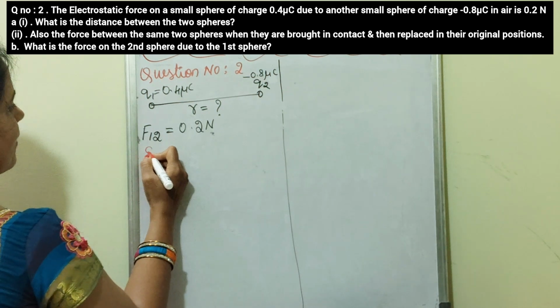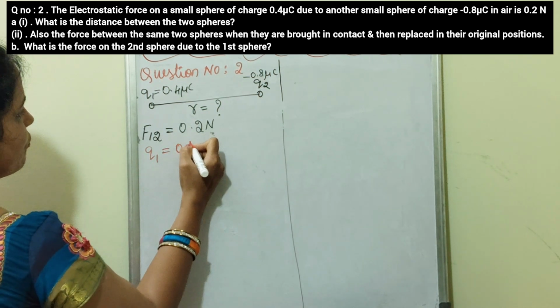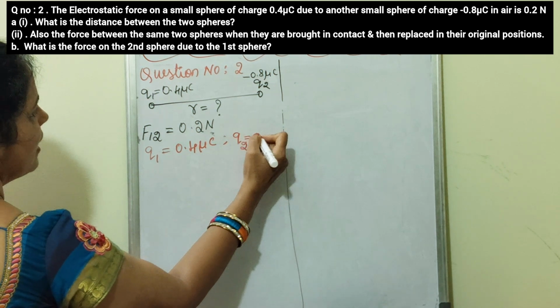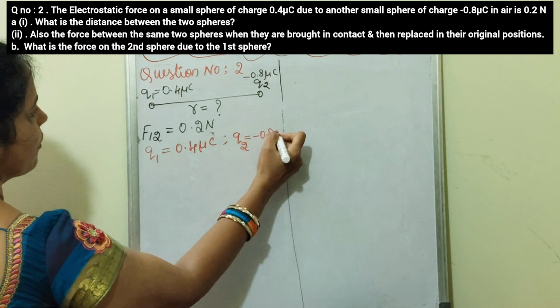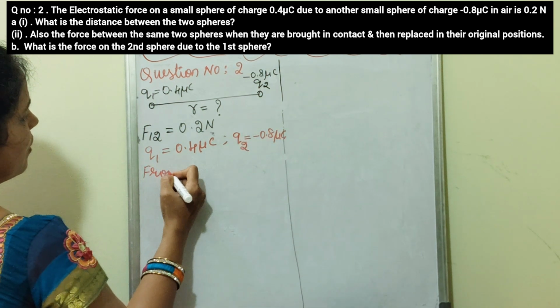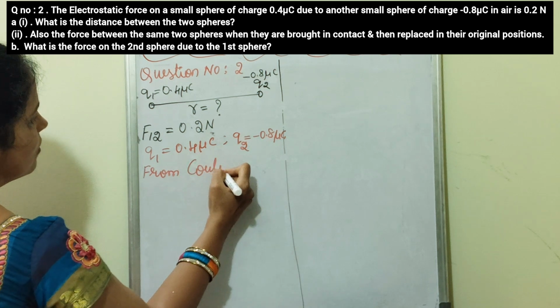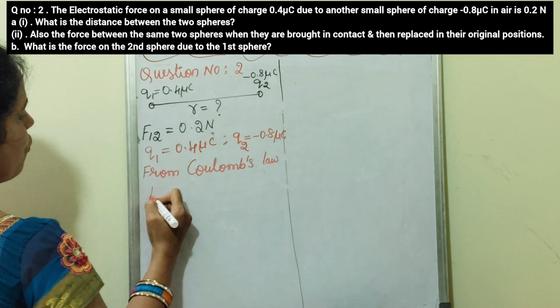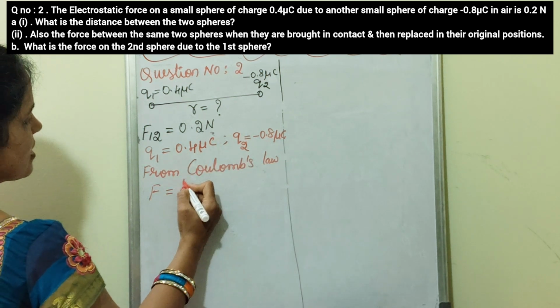So let us write the given data. Q1 is 0.4 microcoulomb. Q2 is minus 0.8 microcoulomb. Now let us use Coulomb's law. Force, what is the expression?